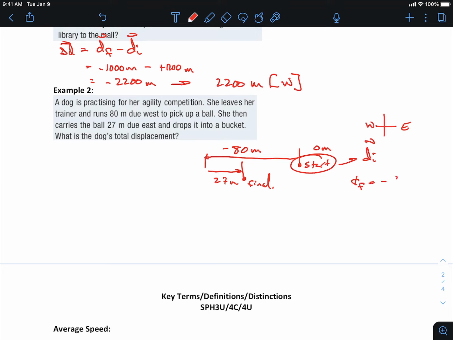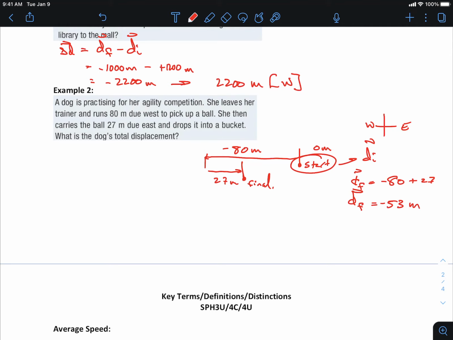Well, the dog ran negative 80 meters in the west direction, and then turned around 27 meters, right? And so your DF value is going to be, sorry, negative 53 meters.